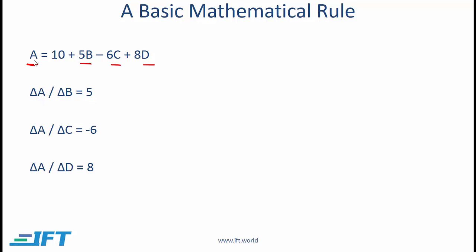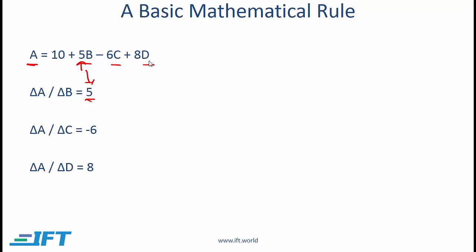A variable A is expressed in terms of other variables such as B, C, and D. Then the change in A divided by change in B, or delta A over delta B, is equal to the coefficient of B. In this simple expression, the coefficient of B is 5. So delta A over delta B is 5. This assumes that the other variables are held constant.